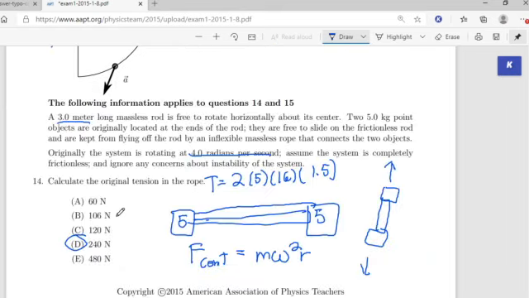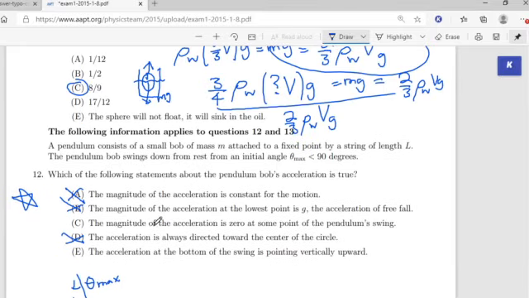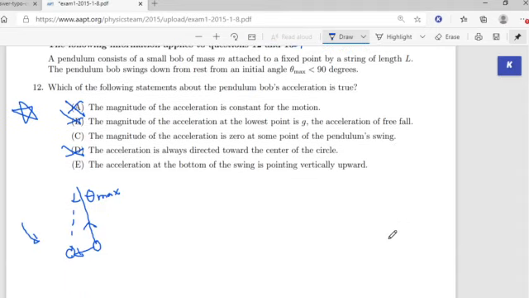And are there any others that I left blank? Okay, I also left this one blank. Which of the following statements about the pendulum bob's acceleration is true?